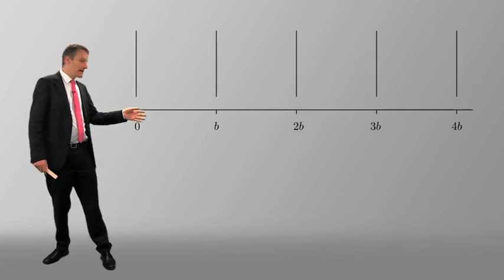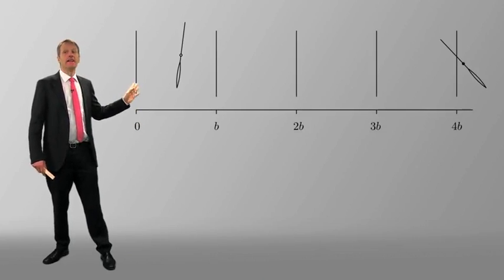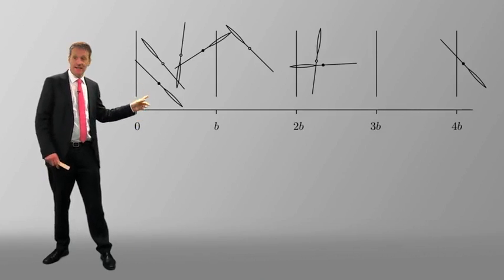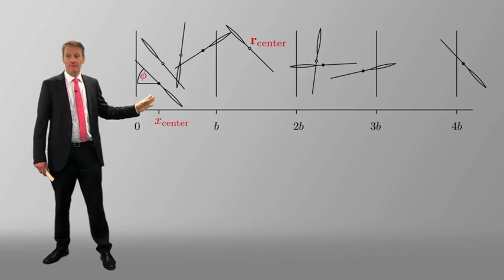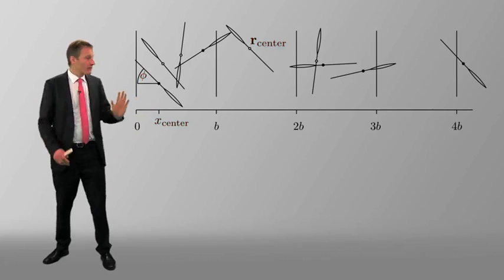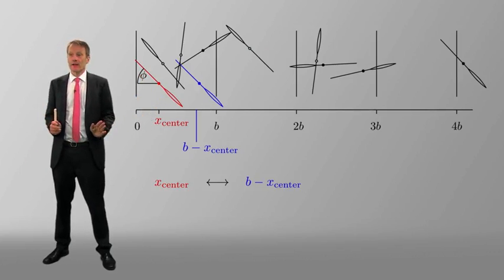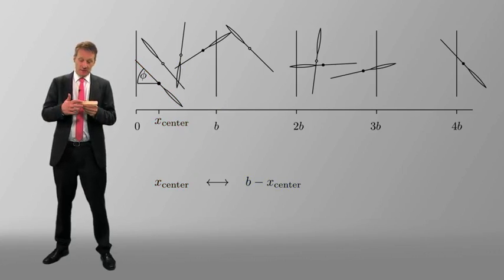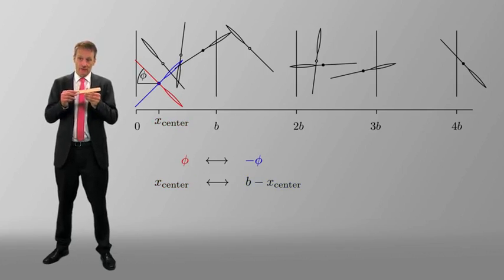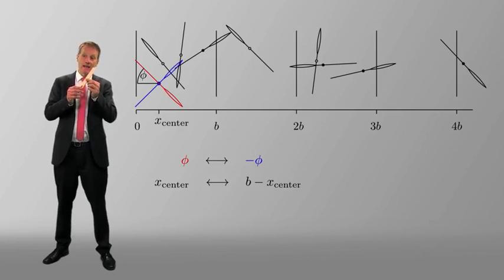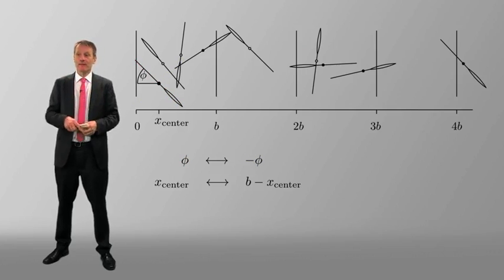So let us introduce variables x and y. Clearly y is irrelevant to the problem, and we are left with x center and phi. All the cracks in the floor are equivalent, and there's a symmetry between the tip and the ear of the needle, and there's also symmetry between phi and minus phi.